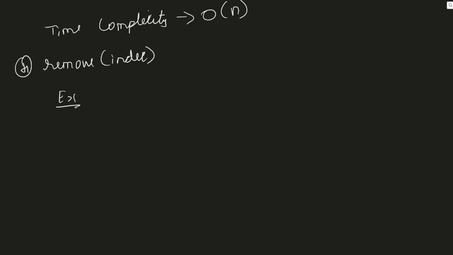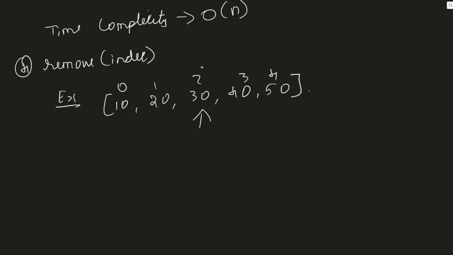Let's imagine we have 10, 20, 30, 40, 50, and now I just want to remove at particular index 2. 0, 1, 2, 3, 4. I want to remove the second index element. List dot remove the second index element.